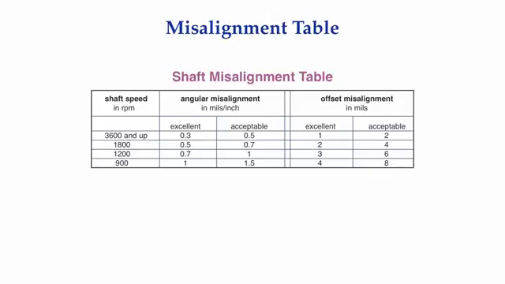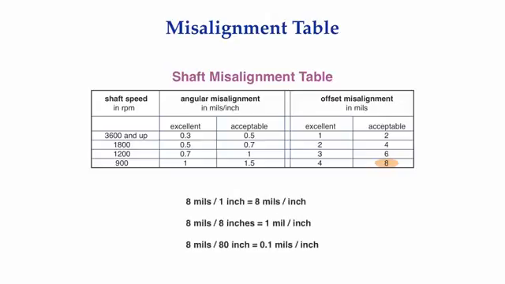What seems to be missing here is that the distance between the flexing points in the coupling is not being taken into consideration. For example, if we take the worst case offset number, 8 mils at 900 RPM, and do some math, an 8 mil offset over a 1 inch separation between flexing points is 8 mils per inch.